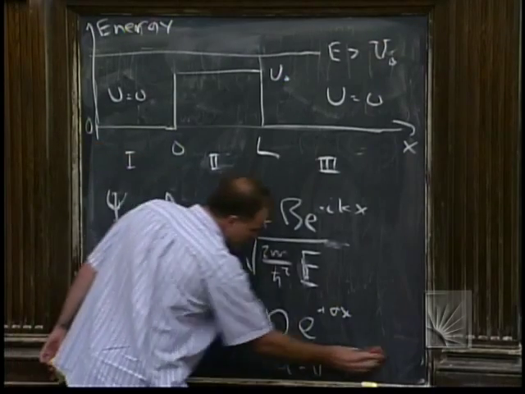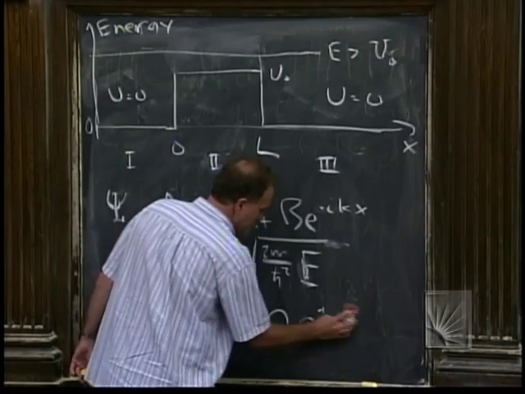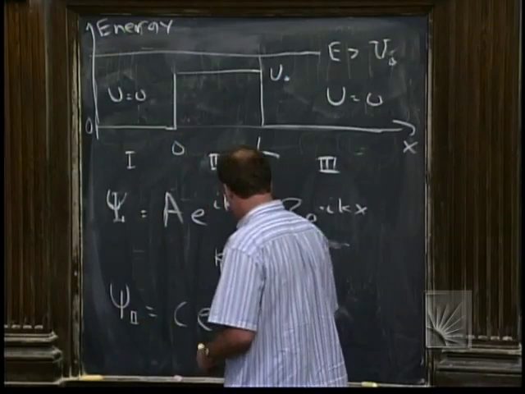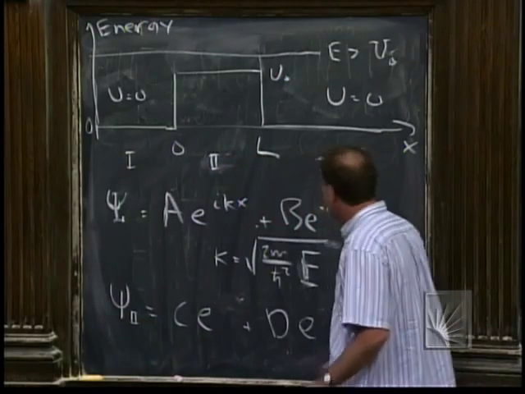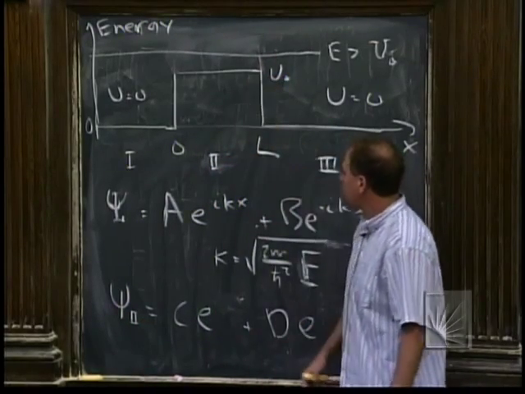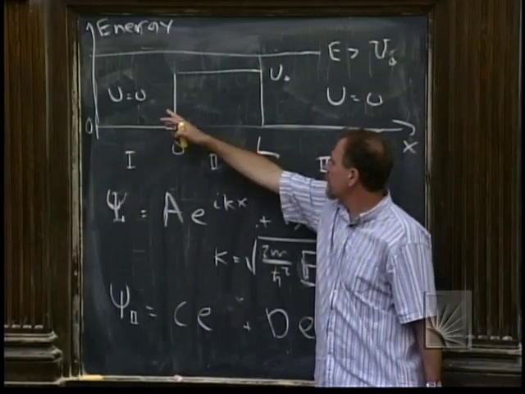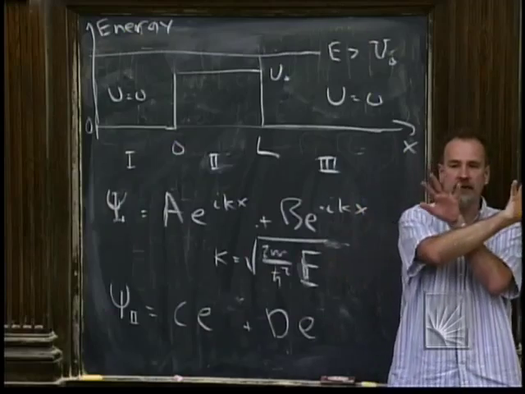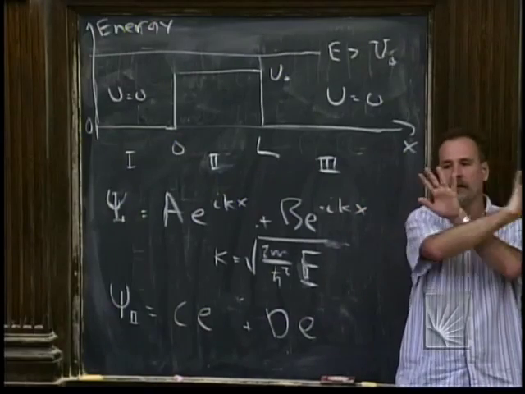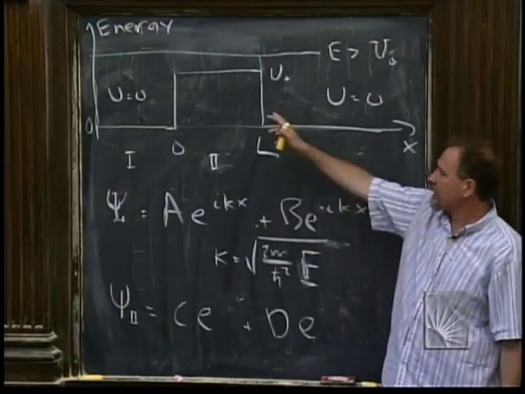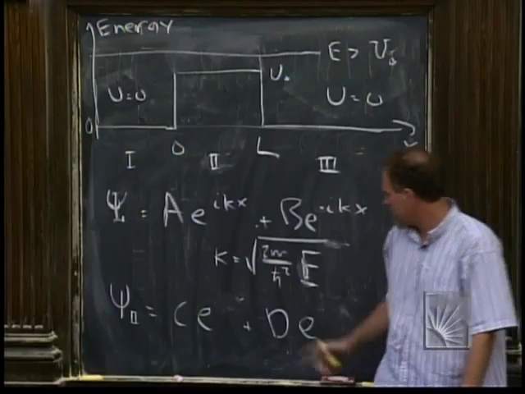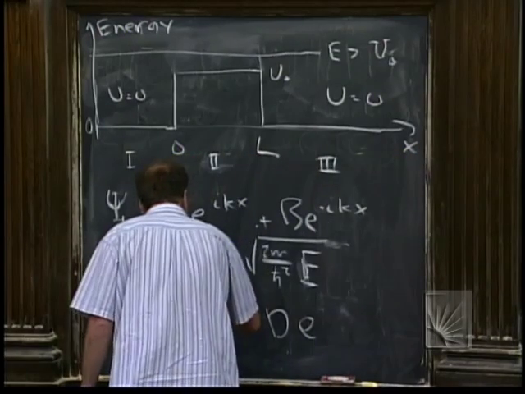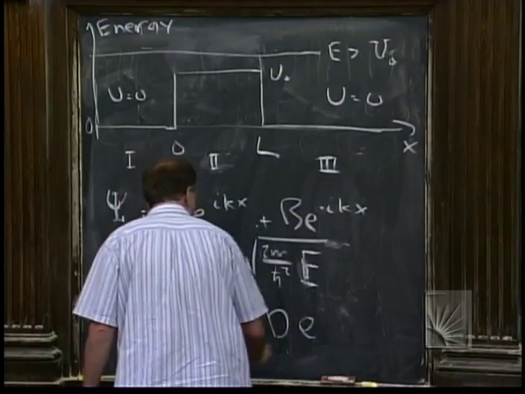It's not alpha. If the energy is greater than U0, fundamentally the Schrodinger equation is the same in all 3 regions. It's just that this potential energy term will subtract off from the energy as a constant when I rearrange the 2 terms in the Schrodinger equation. So this is just e to the ikx, well, I'll use a k prime.